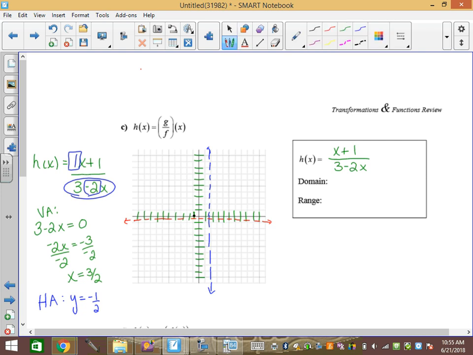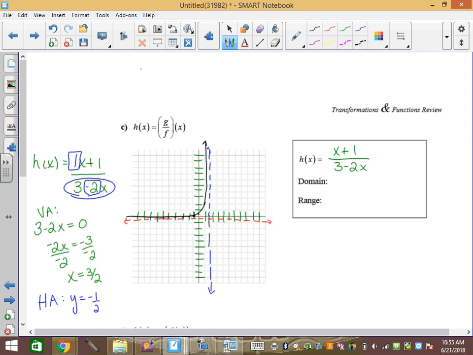I have negative 2 and negative point something, getting closer to that negative a half. Then if I go to 0, I'm at 0.3. 1, I'm at 2. And then it just goes up something like this.